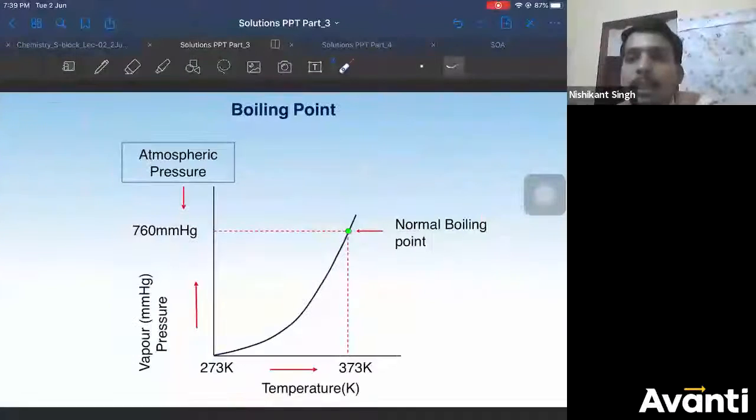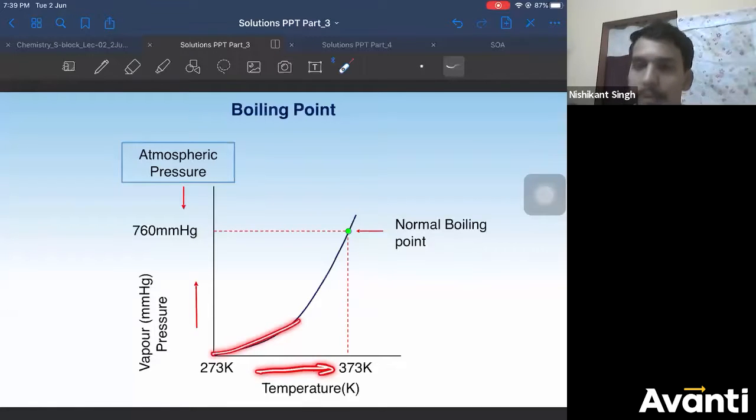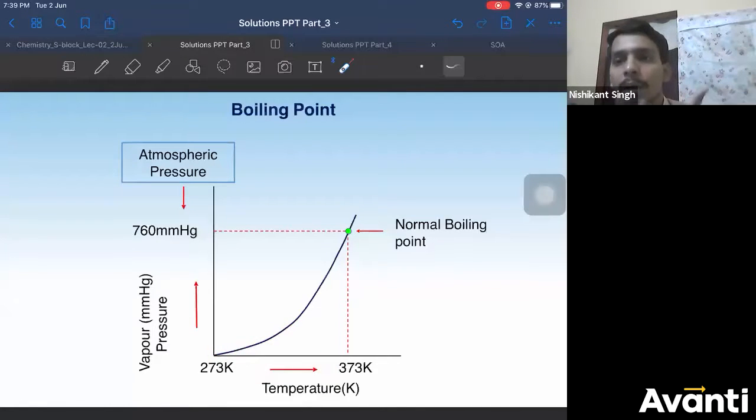Vapor pressure. That is what we have shown over here also. You can see here, as you increase temperature, your vapor pressure will increase. Obviously, if I'm heating a liquid, it will form vapors easily, and when it forms vapor easily, it will exert more vapor pressure. So as you increase temperature, vapor pressure from 0 degrees Celsius or 273 Kelvin will increase slowly.